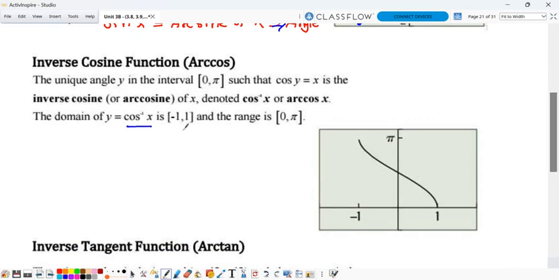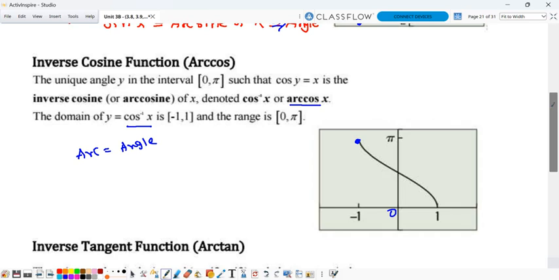Now another one, cosine inverse is also called arc cos. So remember, arc means angle, and angle is always radian. The domain is -1 to 1 and the range is 0 to pi. It does not go forever. It stops there.